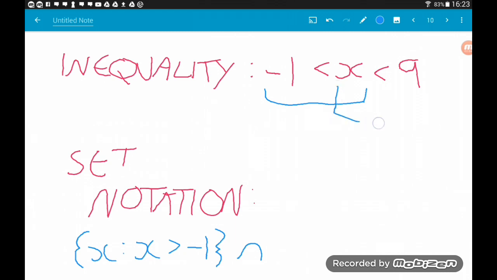We're now dealing with this bit: x is such that x is less than 9. So we read that as x is such that x is greater than -1 and x is such that x is less than 9.